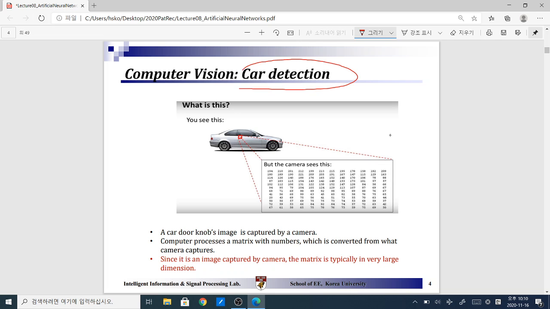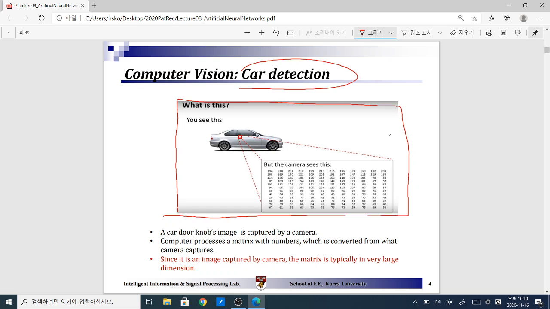Suppose you have a task of detecting a car from, say, a pool of non-car exemplars. Then what you essentially have is samples of images, where each image, as you can see, is huge in terms of the number of features involved, because we're now talking about pixel-level features, pixel-level intensity values.